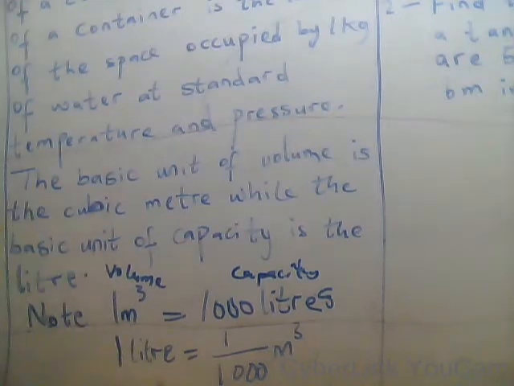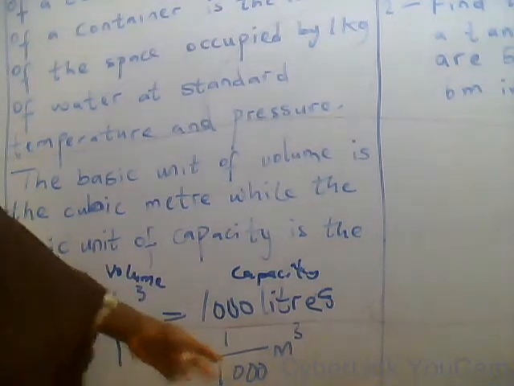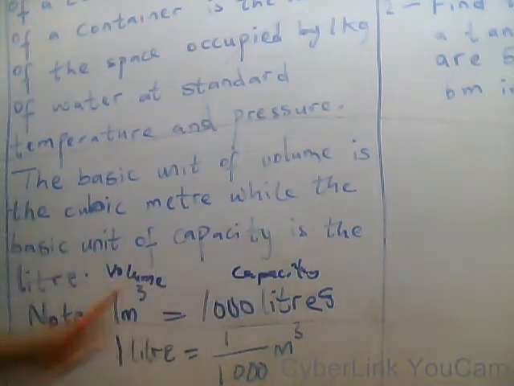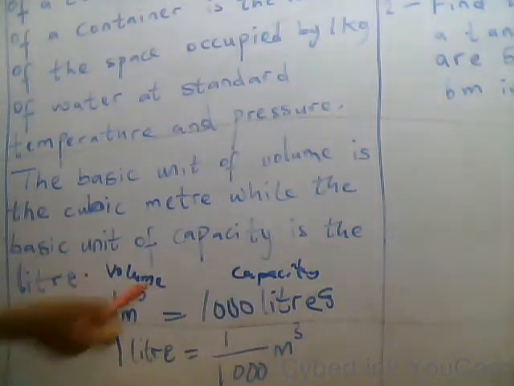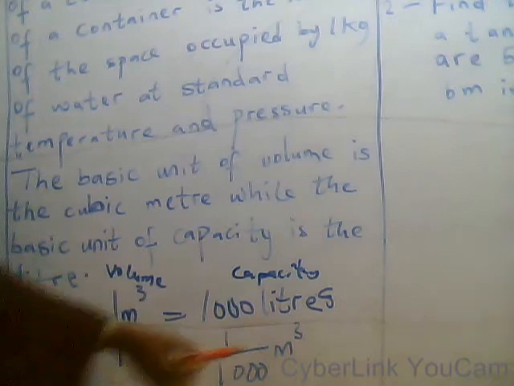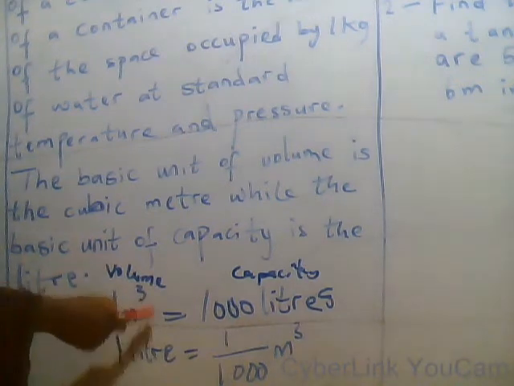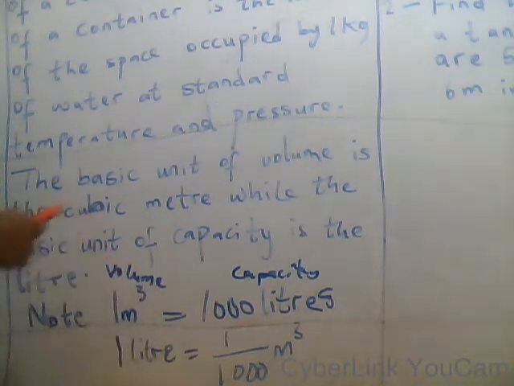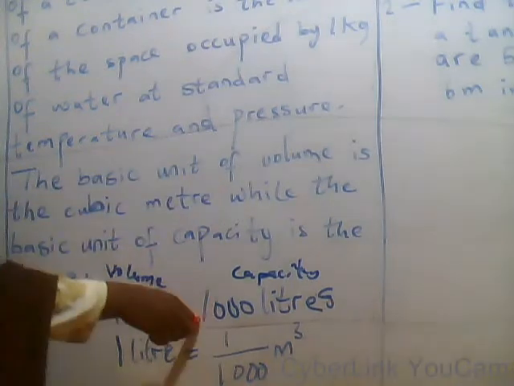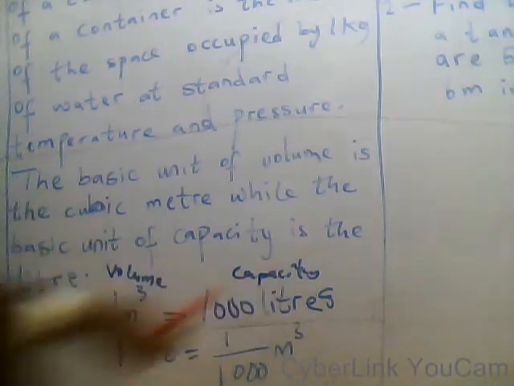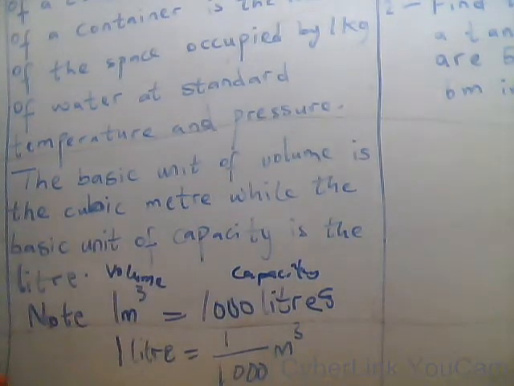But if you want to reverse it, assuming you are given in liter and you want to convert to meter cube, that means you have to divide by 1,000. I repeat, assuming you are given something in meter cube, I mean the volume, and you are asked to convert it to liter, you have to multiply such number by 1,000 to give you liters, which is the capacity.